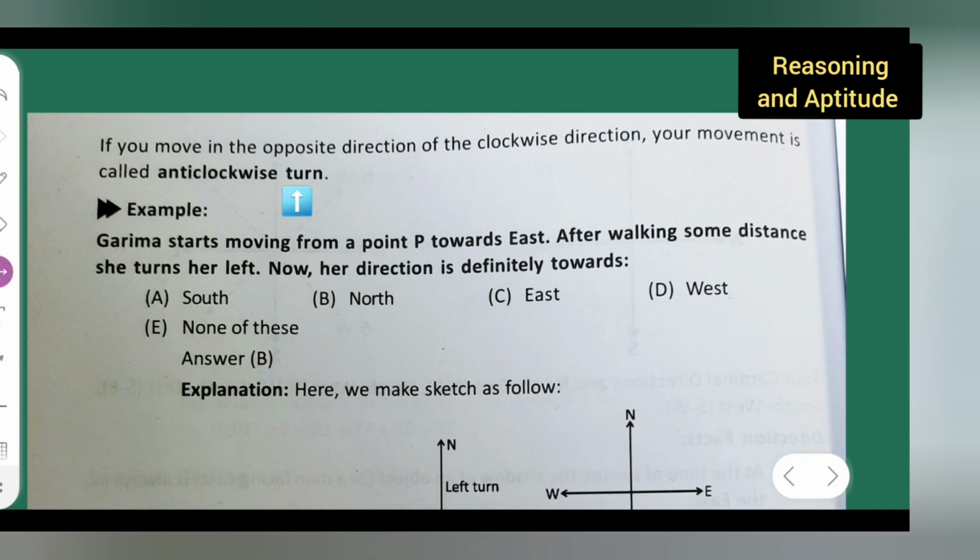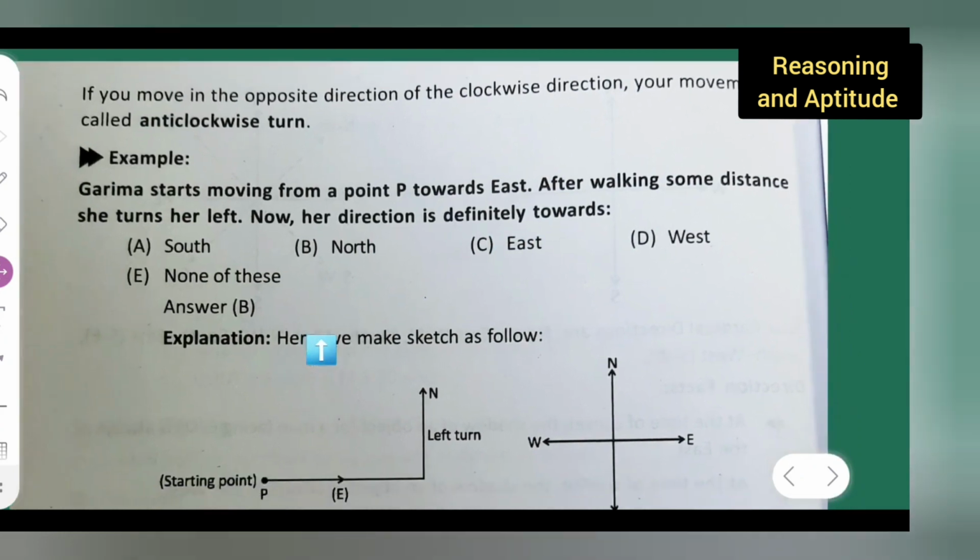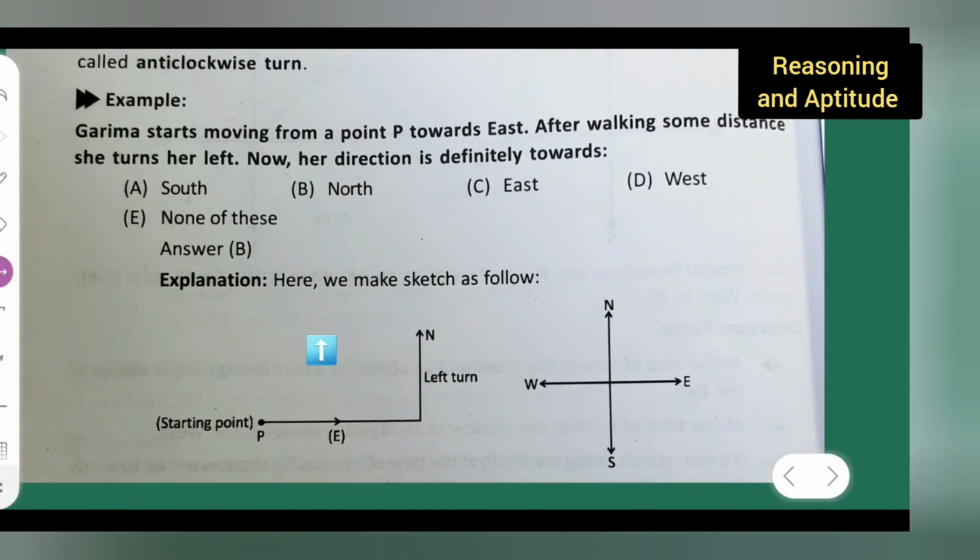For example, Garima starts moving from point P towards east. After walking some distance, she turns left. Now her direction is definitely towards which direction? The options are given. Obviously the answer is B, because here you can see the left turn, and here is the north side, north, south, east, west is given.